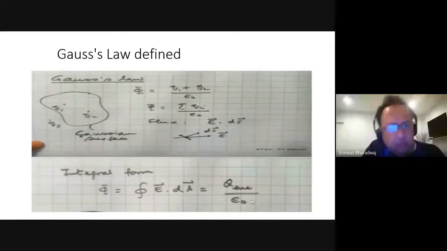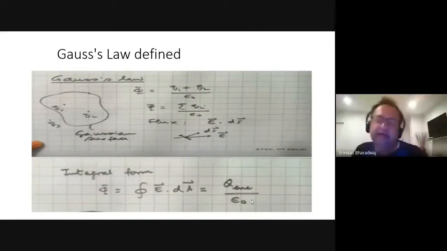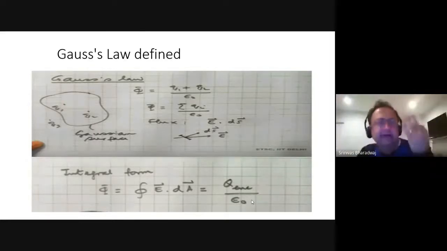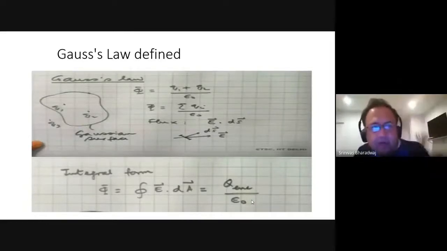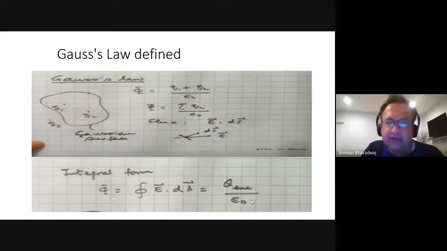In addition to all the terms you have learned so far, charge, electrostatic force, Coulomb's law, electric field, which is a vector, force per unit charge, and electrostatic potential, work per unit charge, we are now going to introduce a new term called flux. Flux, roughly speaking, equals E dot ds.